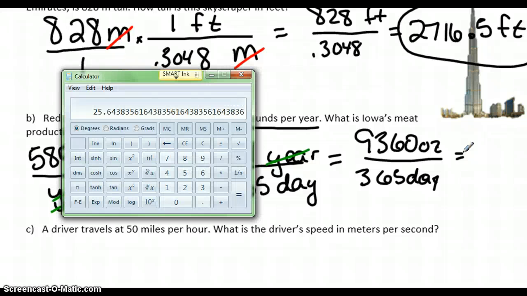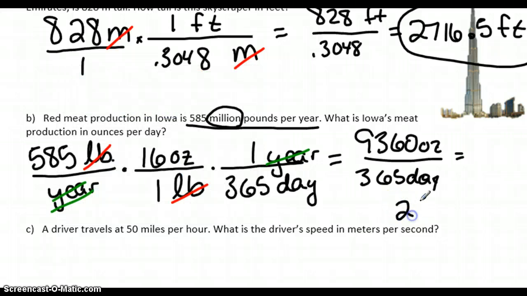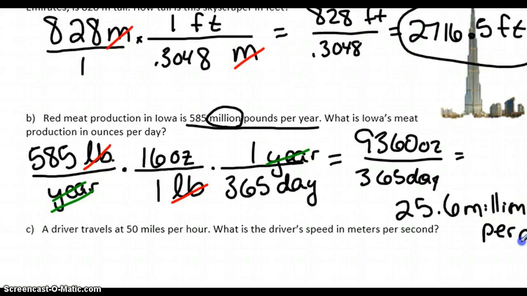Okay, so 25.6, rounding to the 10th, is going to be my answer right here. Now I'm going to stick in my million. So million ounces per day. Okay, so that's my answer to this one.